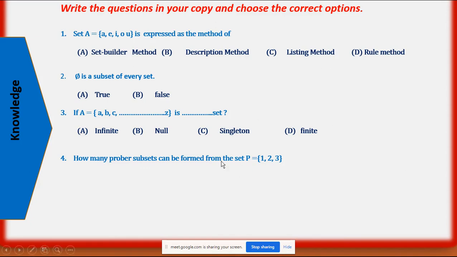How many proper subsets can be formed from... finite? That's good. Now question number 4. Please mention the question number and answer. That will be better for me to understand your response.